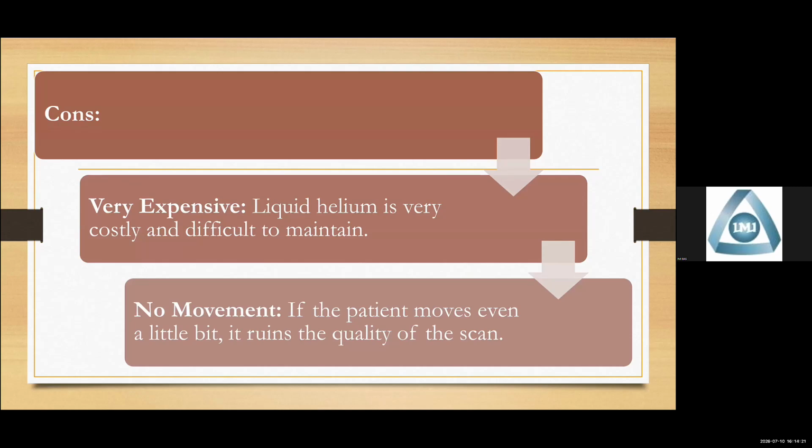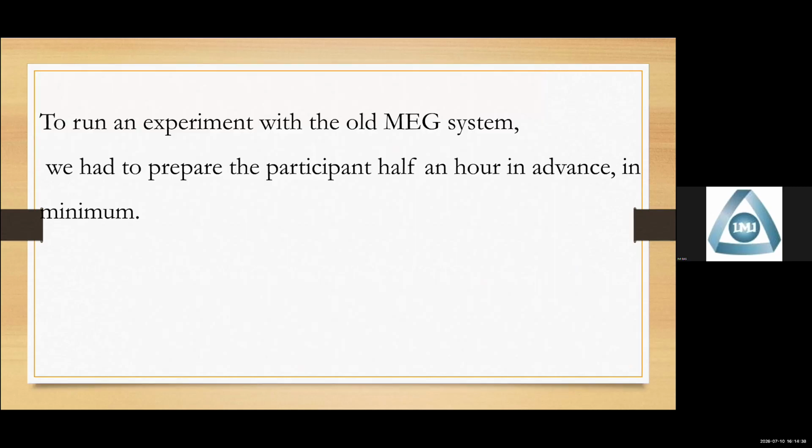We used liquid helium, very costly and difficult to maintain. No movement. If the patient moves even a little bit, it ruins the quality of the scan. To run an experiment with the old MEG system, SQUID MEG, we had to prepare the participant half an hour in advance at minimum.